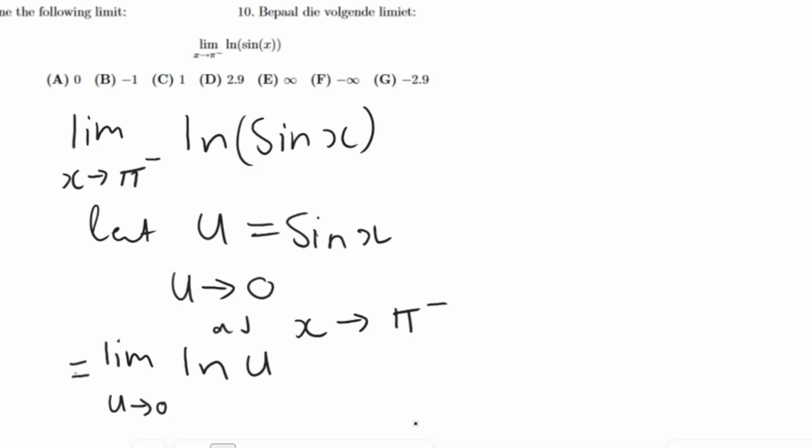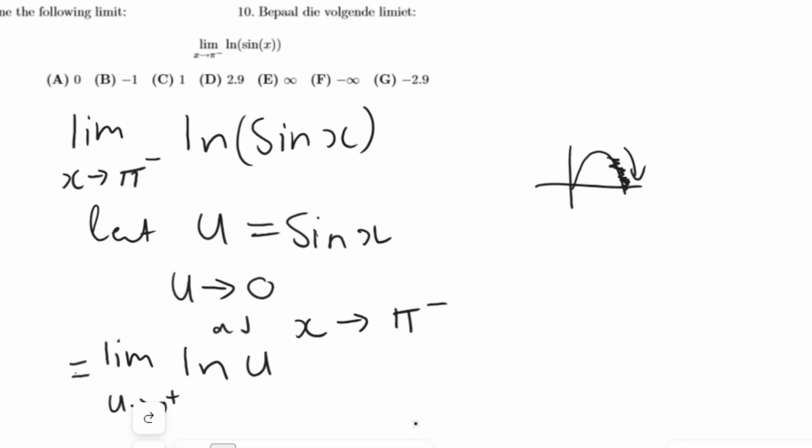Unfortunately, it will only go to 0 from the positive side. The sine function, that is our u, was positive, and it wants to become 0. You cannot come from the negative side because we have an undefined there. So it will only come from the positive side of that u.